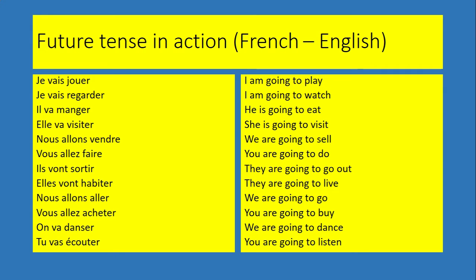Just remember the difference between tu and vous: both are translated as you, but tu is you singular and vous is you plural, and nous and on both mean we. On literally means one, so on va danser could be translated as one is going to dance, but that doesn't really sound like good English to me. The better way to translate it is using we are going to dance.